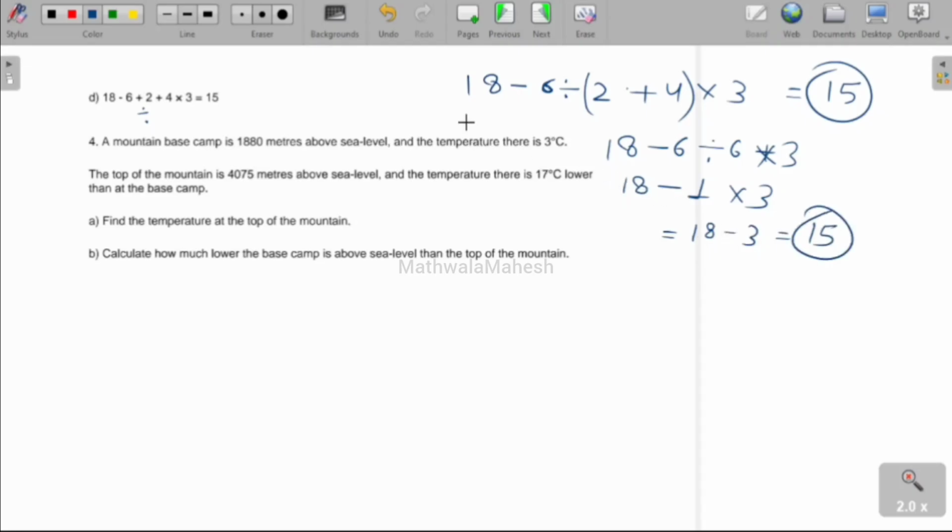Okay, so the correct answer is 18 minus 6 divided by bracket 2 plus 4, into 3. This one is the correct answer.